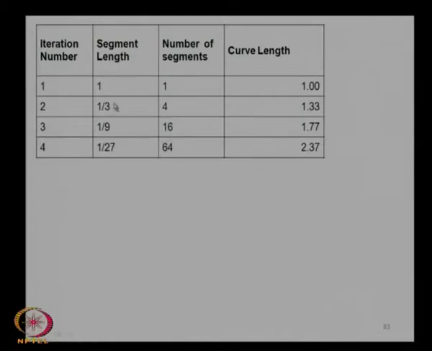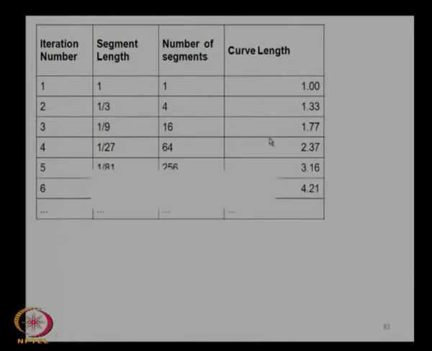What about the curve length? Now your curve length is measured as number of segments times the unit length. So this will be the measure of the perimeter, right. So whatever you measured as 1 unit now becomes 1.33, now it becomes 1.77, now it becomes 2.37, and you see that it is getting bigger and bigger.